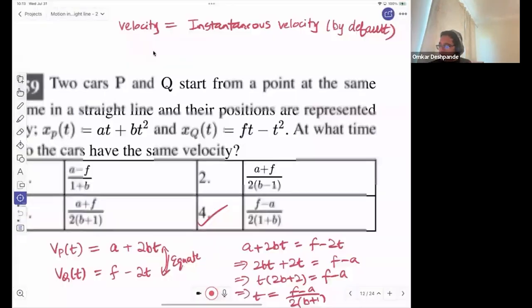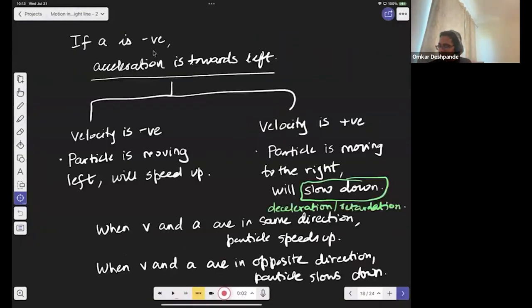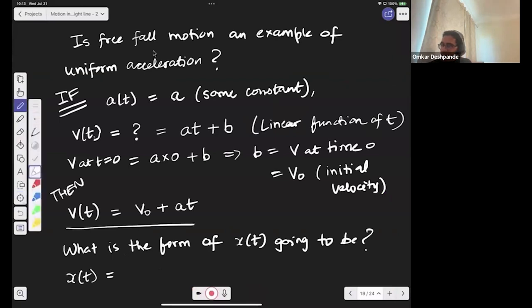Okay, so the point is that x(t) is going to be some quadratic expression. Now we need to figure out what exactly that quadratic expression is, which we'll do on the next page.